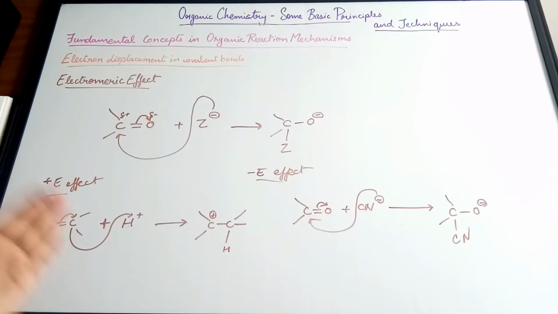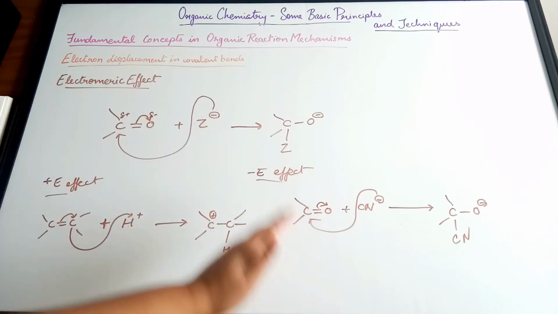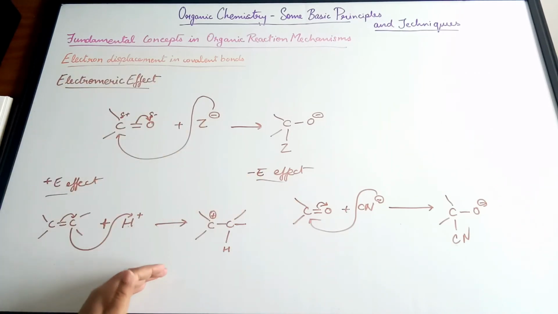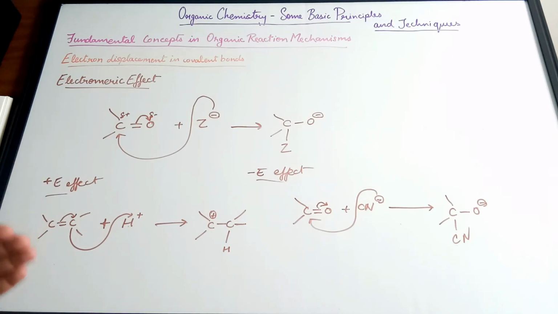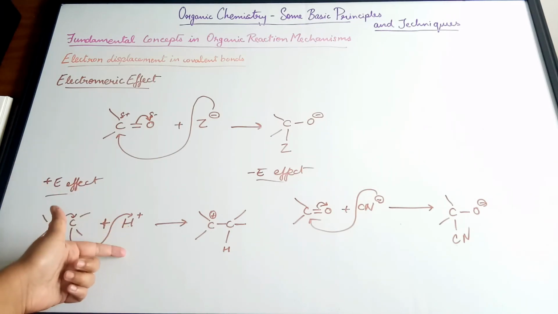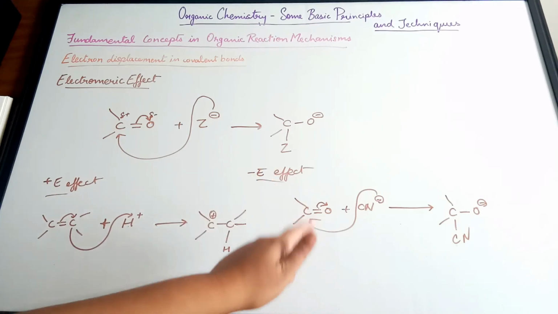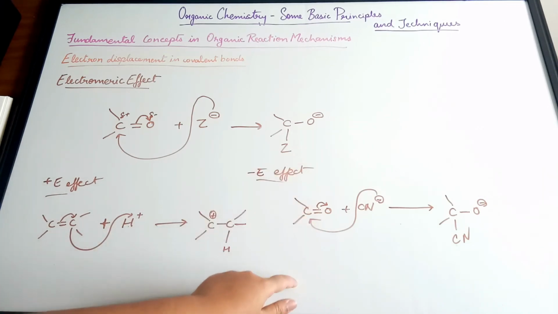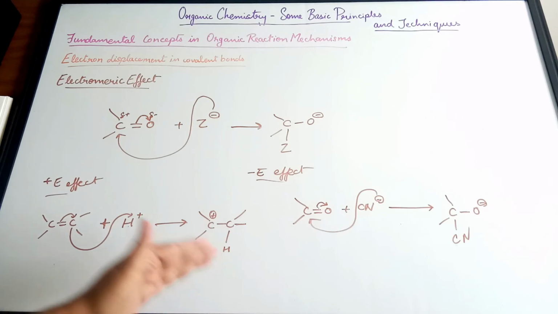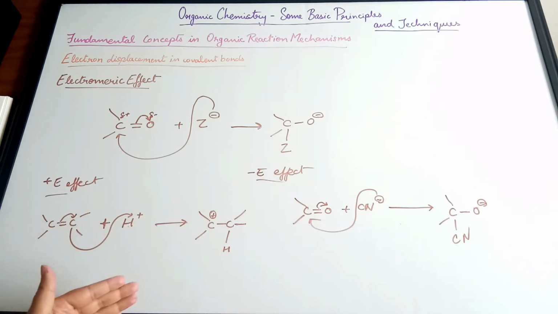So that is the main difference between plus E effect and minus E effect. In case of plus E effect, the electrons move towards the atom to which the incoming reagent is getting attached. Whereas in case of minus E effect, the electrons move towards the atom to which the reagent is not getting attached.